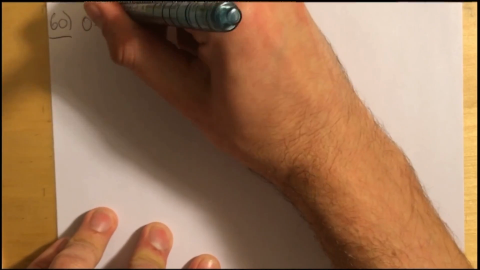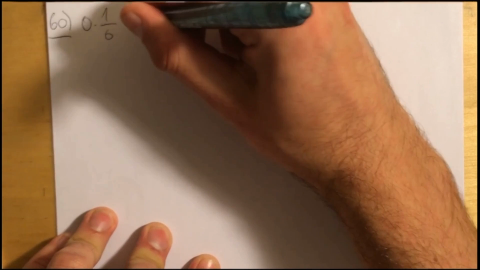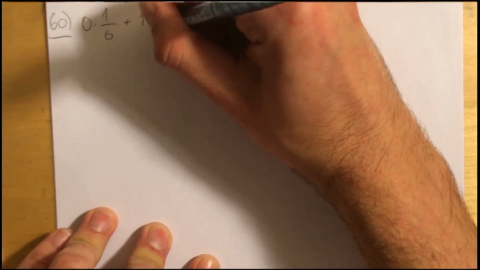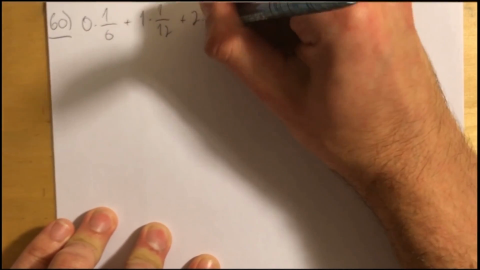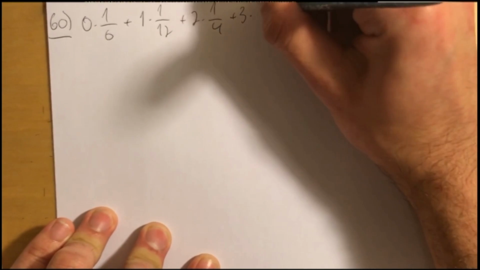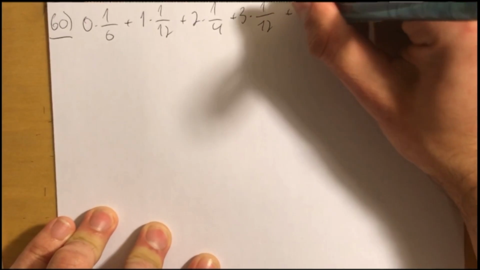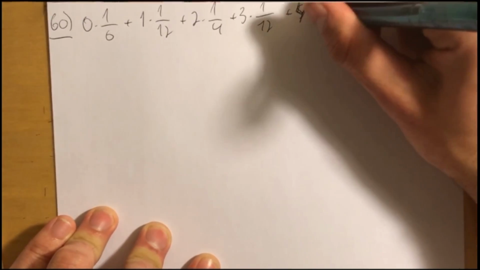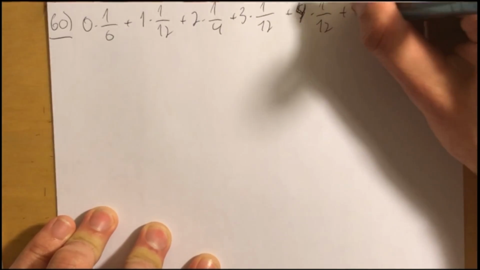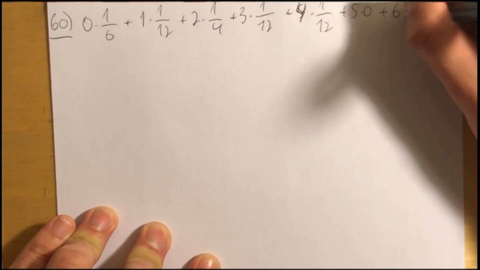So then this is going to be 0 times 1 over 6 plus 1 times 1 over 12 plus 2 times 1 over 4 plus 3 times 1 over 12 plus 4 times 1 over 12 plus 5 times 0 plus 6 times 1 over 3.